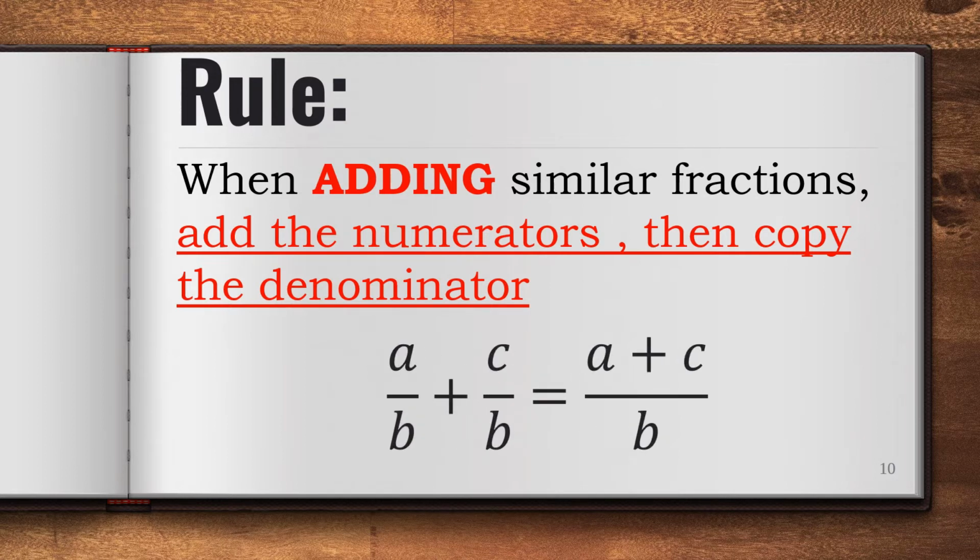In symbols, let's say for example, we have the fraction a over b plus c over b, the sum of which is a plus c all over b. So as you can see, we just add the numerators and the denominator b is copied.